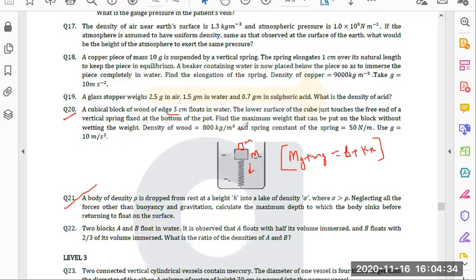Now, question 21. A body of density rho is dropped from height h into a lake of density sigma, where sigma is greater than rho. What does that mean? If sigma is greater than rho, what does that mean?